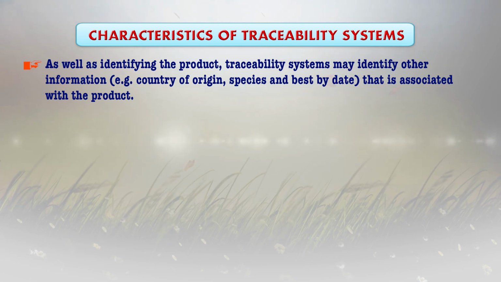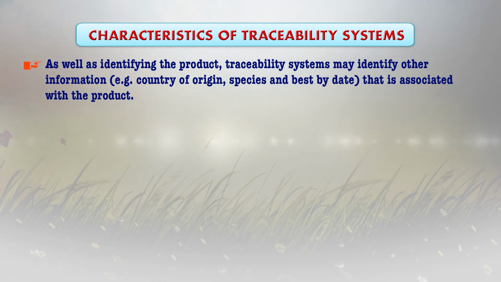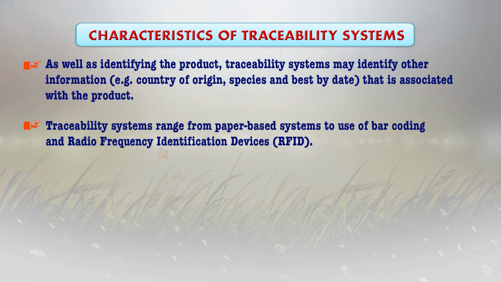So, the country of origin as well as species and also the best by date, all these things are associated with the product. The traceability systems range from paper based systems to the use of barcoding and also radio frequency identification devices, that is RFID.